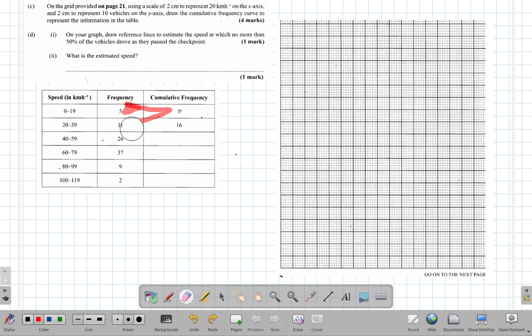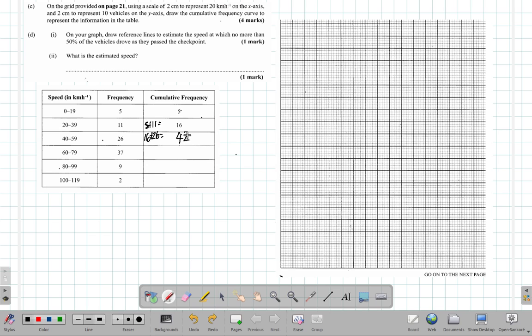Alright? So let's see. We have 5 plus 11, that would give you the 16. Then we would have had 16 plus 26, that would give you 42.